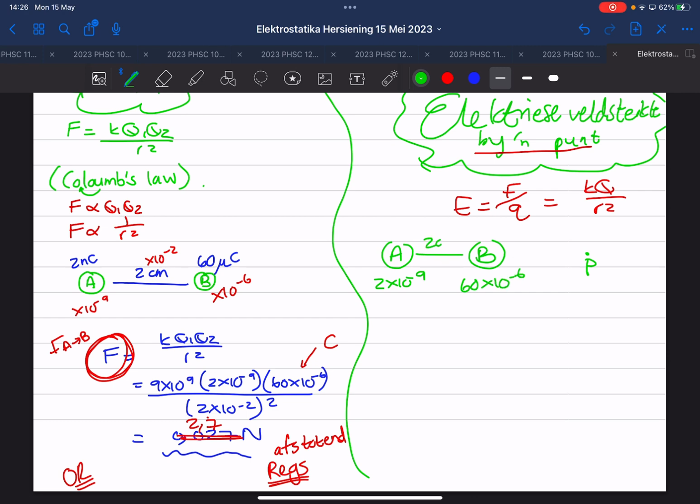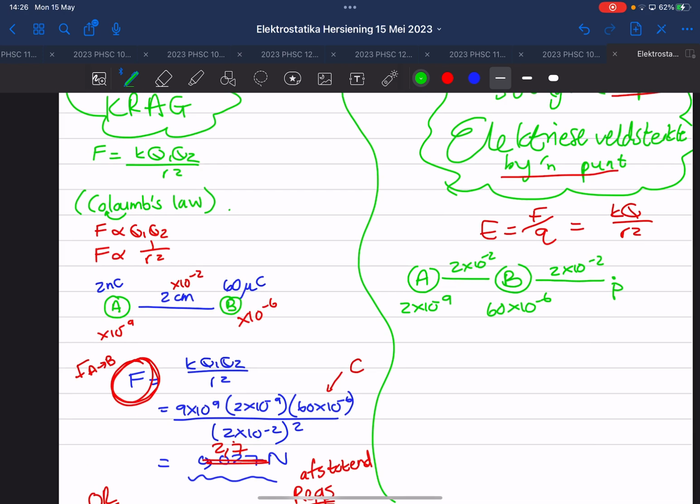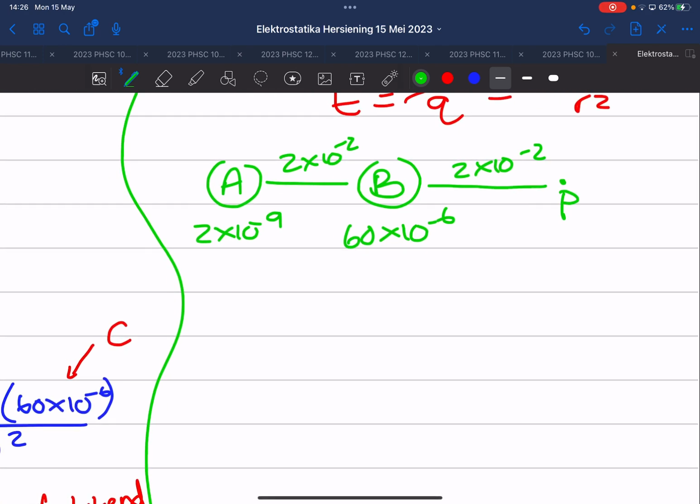Hier is 2 maal 10 tot die mag minus 2. En kom ons maak daai afstand ook 2 maal 10 tot die mag minus 2. Okay, so the same scenario, presies dieselfde. Now the only thing that I've added is point P.